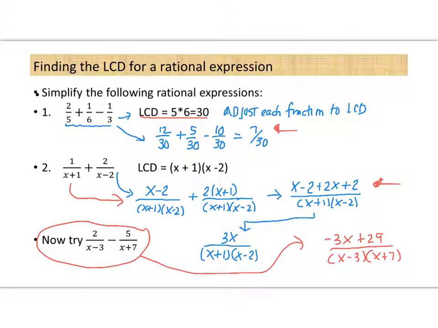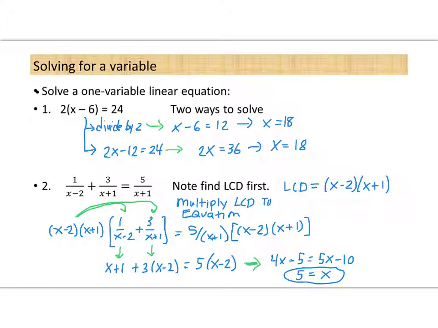Okay, so our last topic we will get to in just a second. So now we're going to solve for a variable in an equation. So in step number 1, there are two ways to approach the problem.